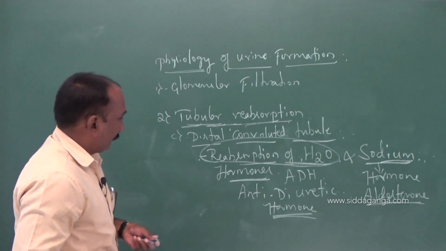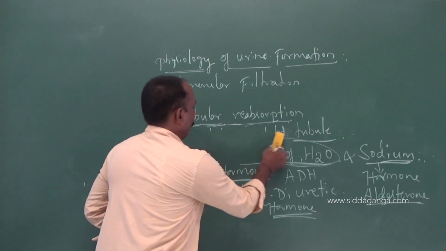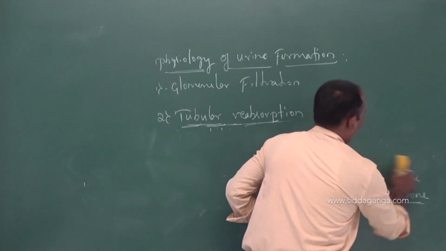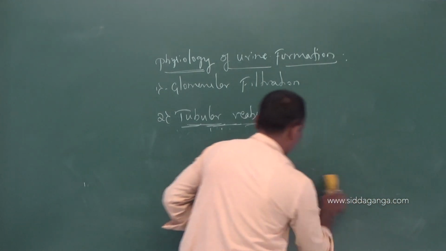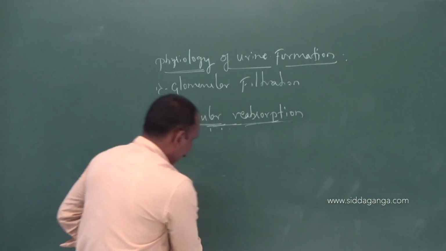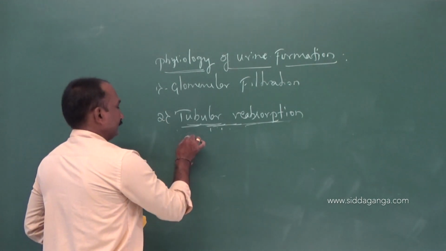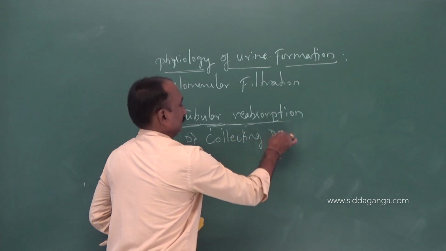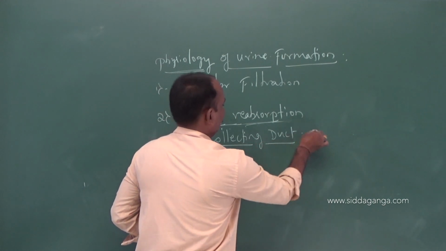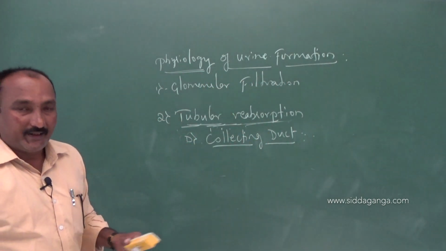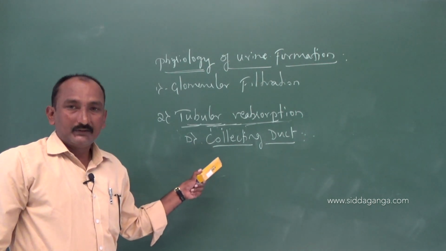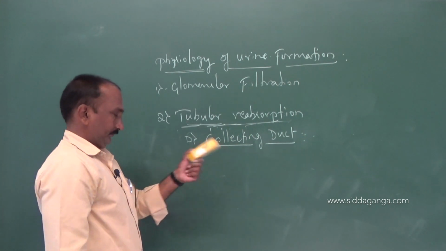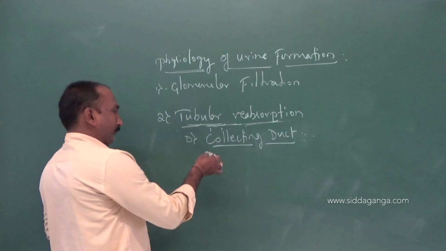Next to the distal convoluted tubule, the last part of the nephron which is involved in the reabsorption is the collecting duct. The collecting duct is the part of the nephron involved in tubular reabsorption.